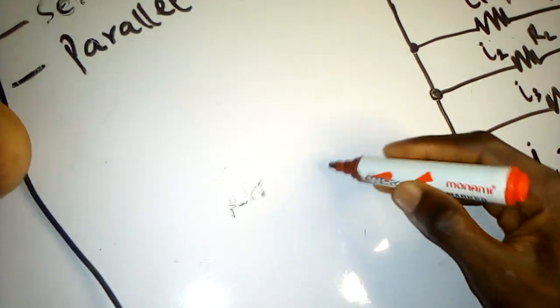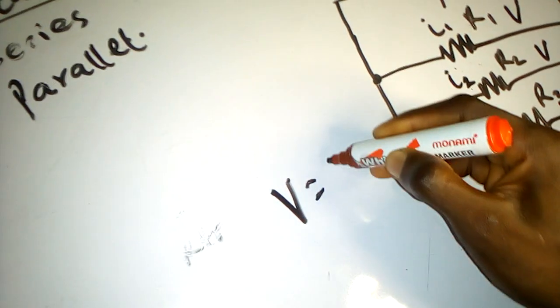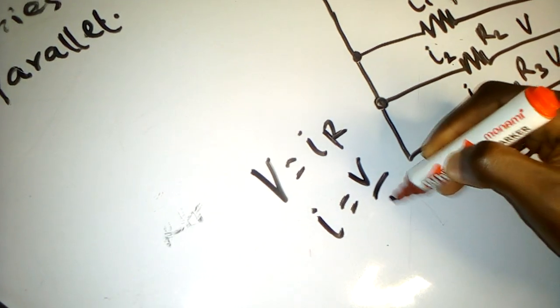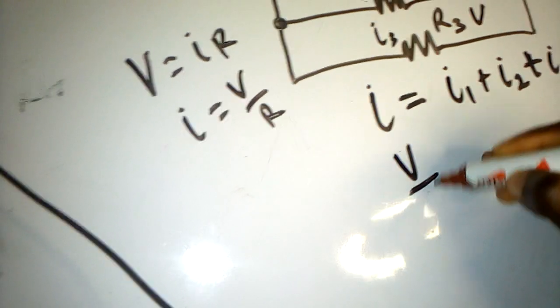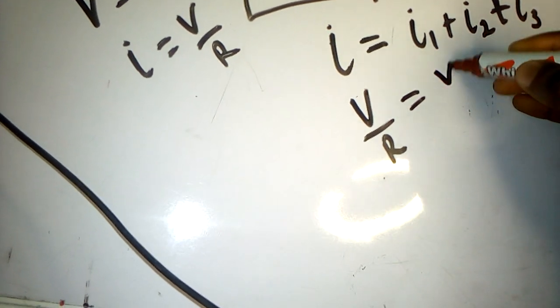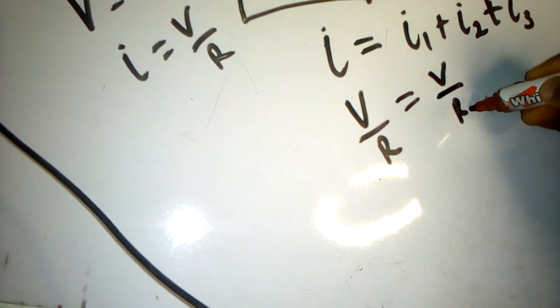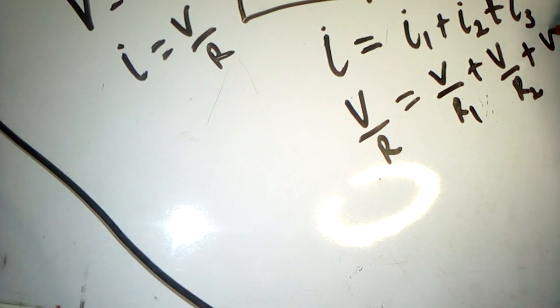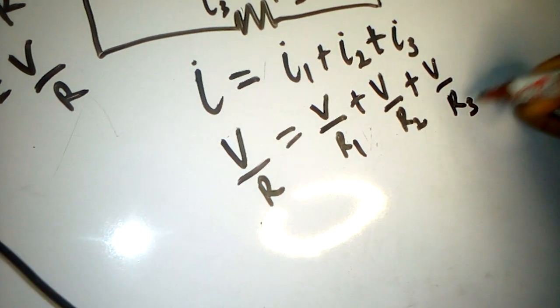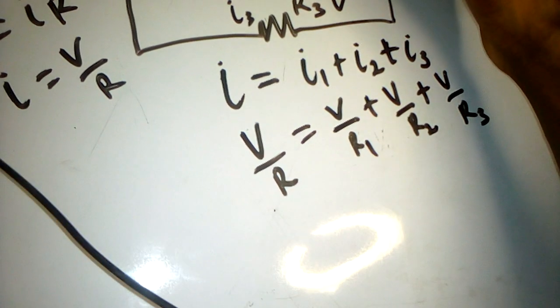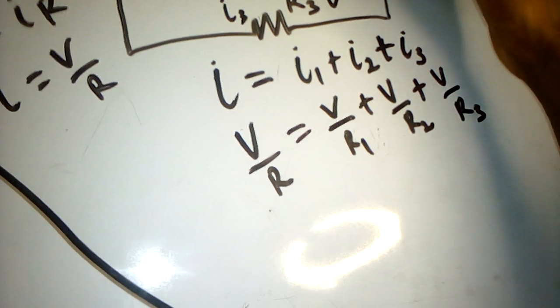Don't forget, from Ohm's law we said that V equals IR, so making I the subject of formula, we have I equals V over R. So we can transform all these: the total potential difference over the total resistance equals the potential difference over R1 plus the potential difference over R2 plus the potential difference over R3. This is like this because the potential difference in the circuit is the same as the potential difference across each resistor, because they are connected in parallel.